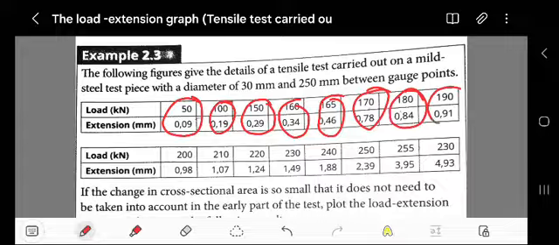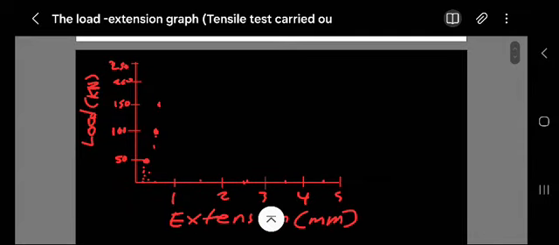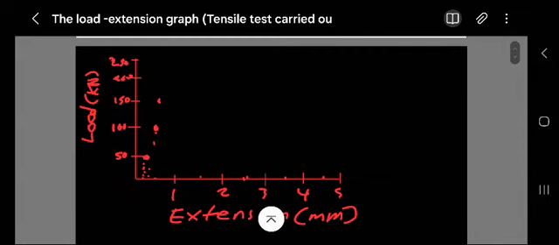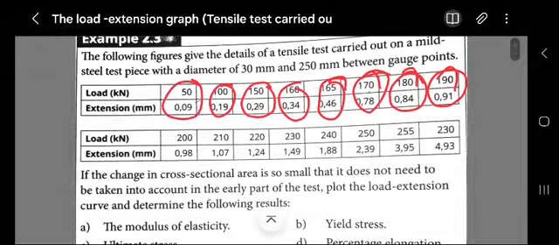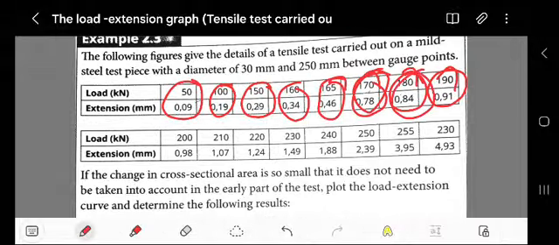Go to that point 150 right here, and 170 goes like that. 170 and 180 are closely related.